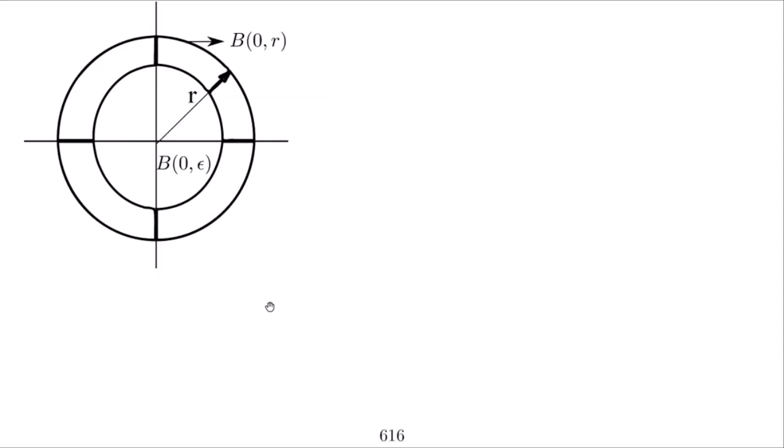Conditioning on a point at the origin is a zero probability event. It may be difficult. So what I do is I take a limit approach. I consider a ball of 0, epsilon, condition that there is a point in this, and then I'll just take epsilon goes to 0. So this conditioning event will be equivalent to conditioning on a point at the origin.